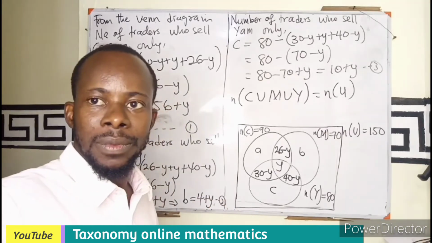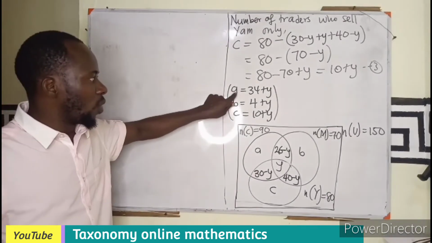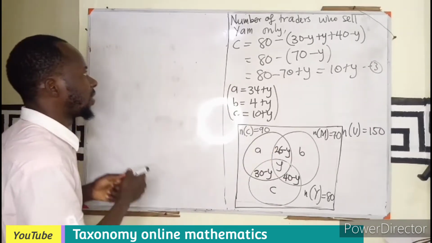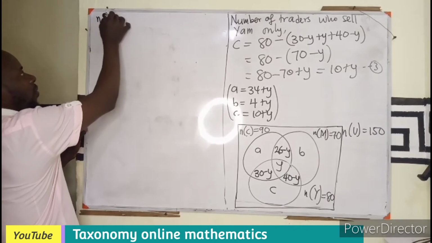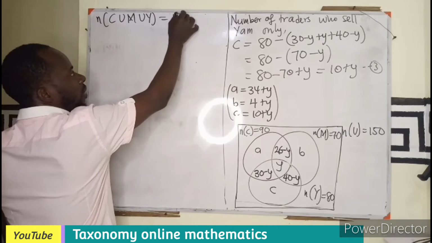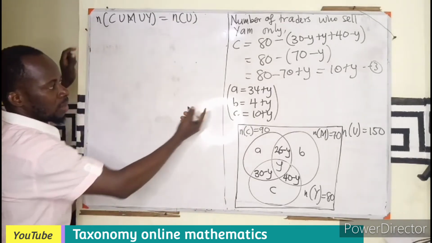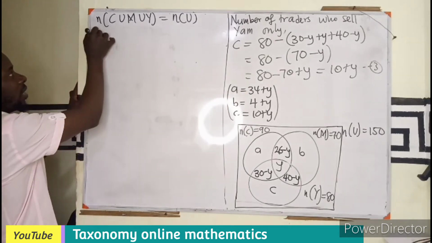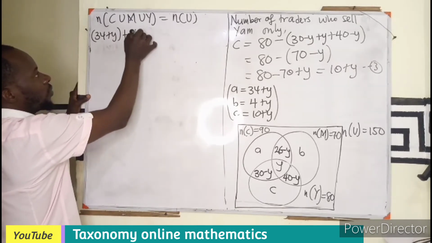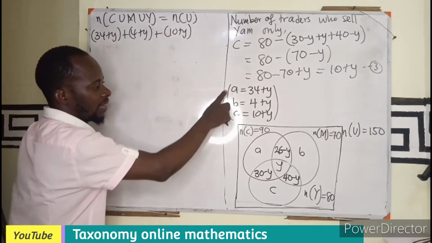So let's take it from here. I've taken care of it. So we know our A, our B, and C will take these spaces. Since I said earlier that the number of C union M union Y is the same as the number of the universal set, it means the addition of all these regions, starting from A, will be 34 plus y, B, 4 plus y, C, 10 plus y, that is the first 3 regions.